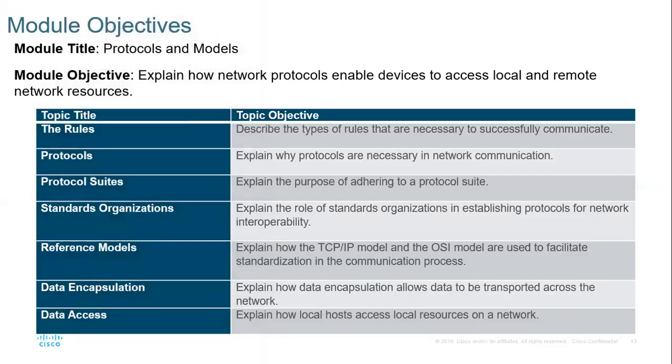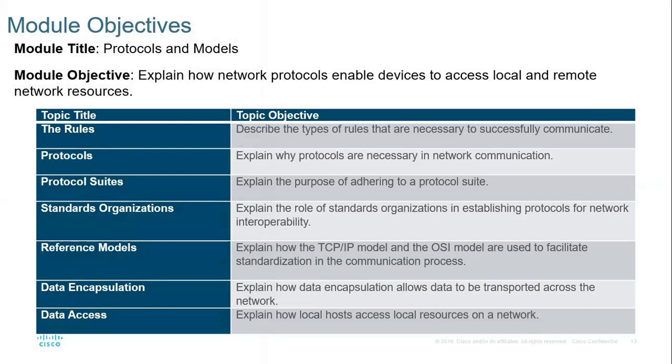So what is the module objective? This module title is protocols and models. The objective is to explain how network protocols enable devices to access local and remote network resources. The rules: describe the types of rules that are necessary to successfully communicate. Protocols: explain why protocols are necessary in network communication.